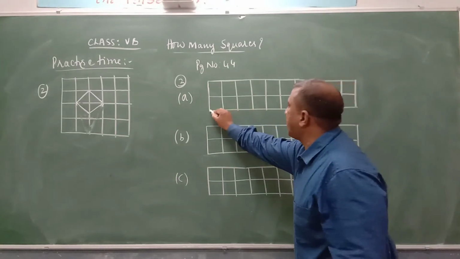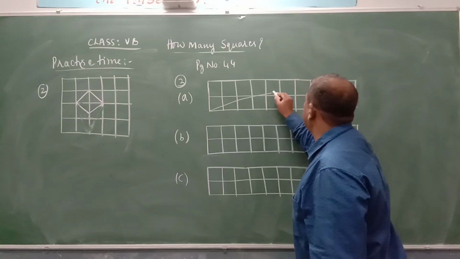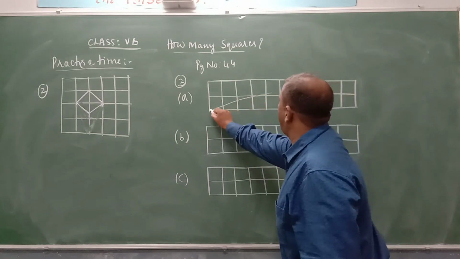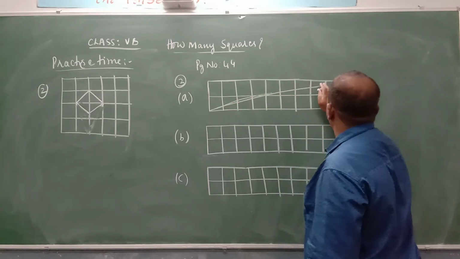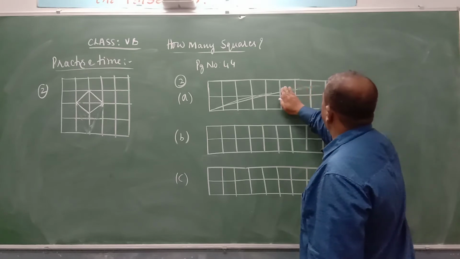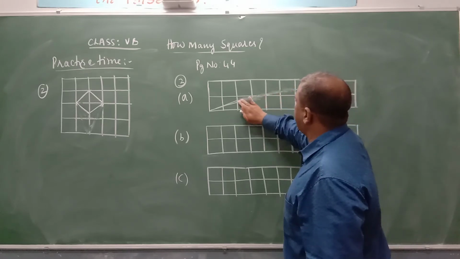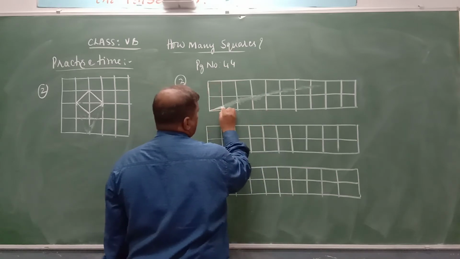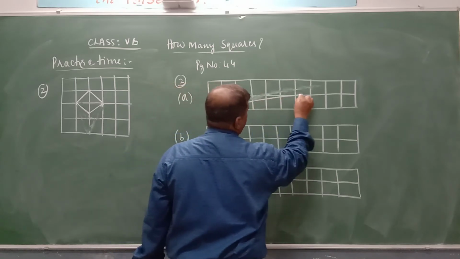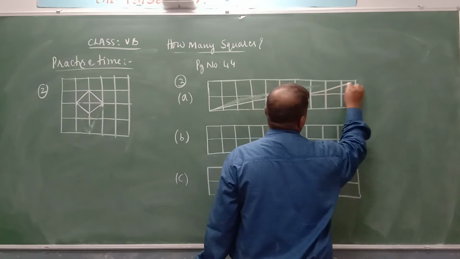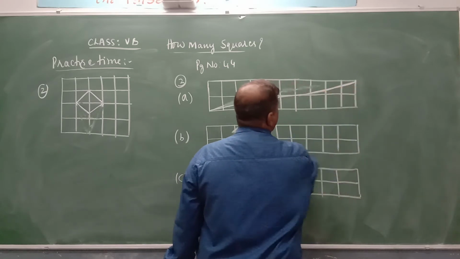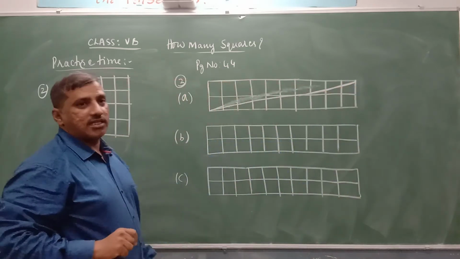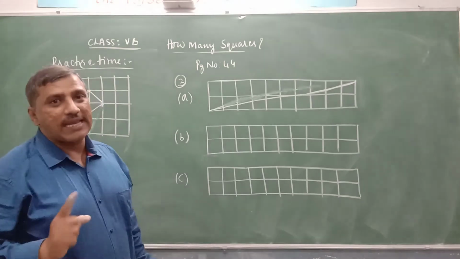Diagonally you draw a straight line like this. If you draw a straight line, you will get 2 triangles whose area is equal.